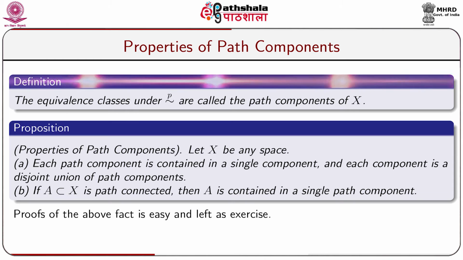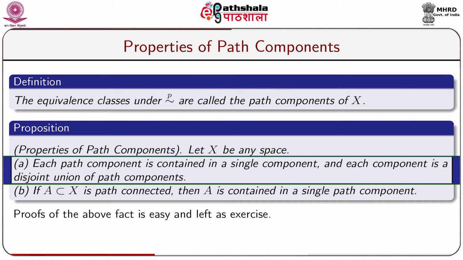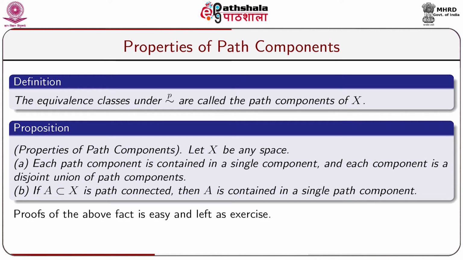To prove this, let us recall the fact that each connected subset of a topological space is contained in some unique component. Now, as path connected subsets are already connected, path connected subsets are also contained in some unique component.